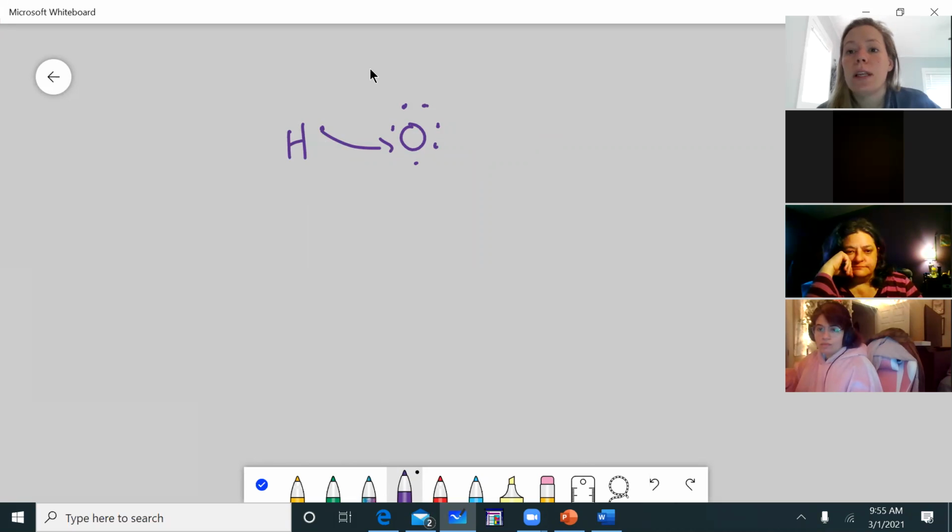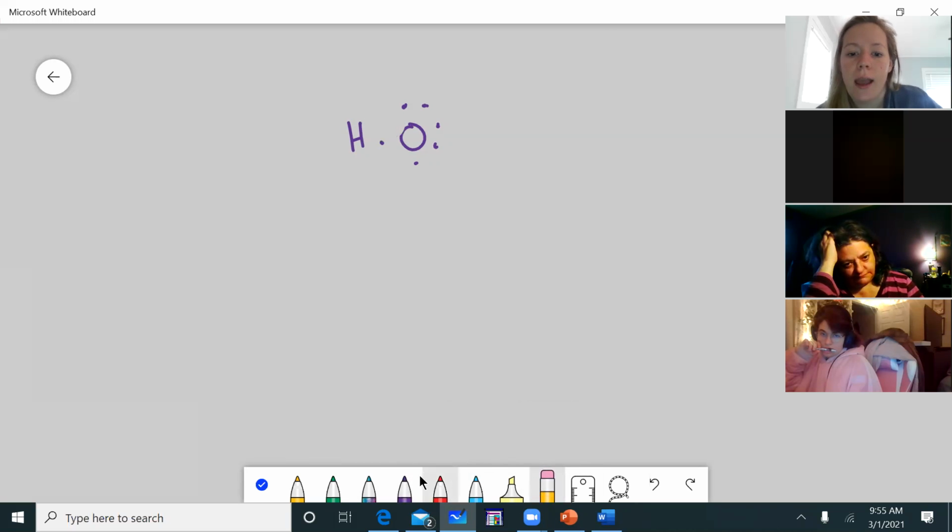So instead, what needs to happen is these 2 sort of share these electrons. So this hydrogen says, okay, I'm going to move over a little bit. And I don't want to give you my electron because I need it, but I'm going to sort of put it here so we can both access both of these electrons. Let me move this other guy over, and oxygen's like, okay, that's fine.